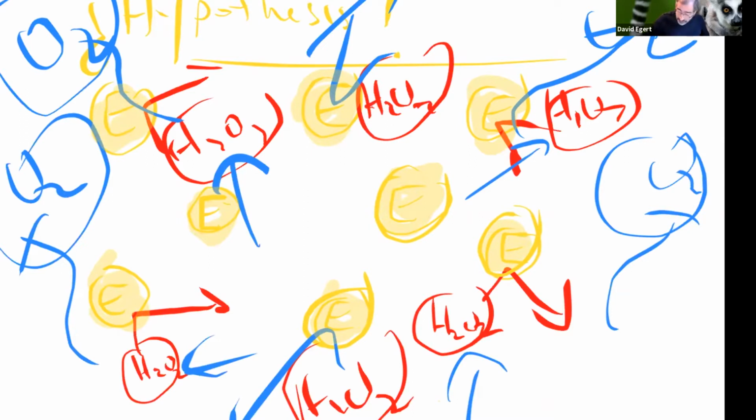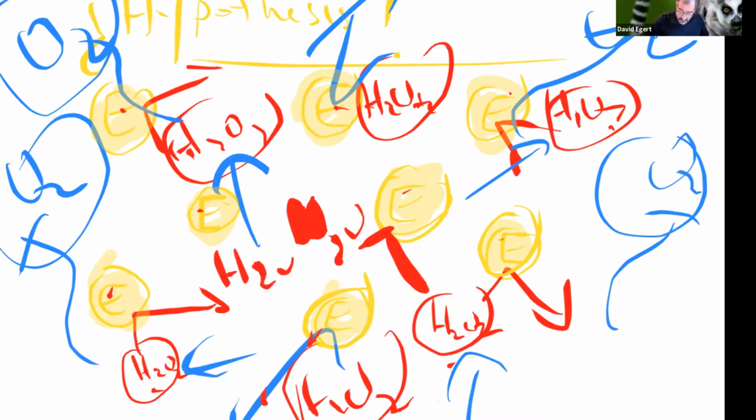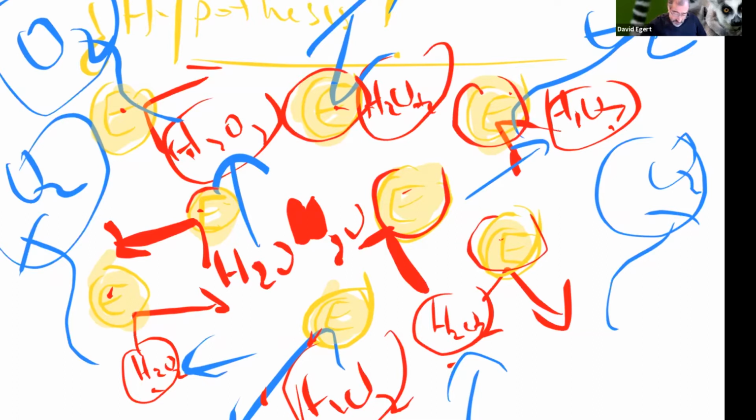At some point, I can add H2O2, and there's still more enzymes waiting in the wings to get that done. But if I finally achieve what's called saturation of the enzyme, where there's so much substrate that every enzyme is working as hard as it can, then something different's going to happen.